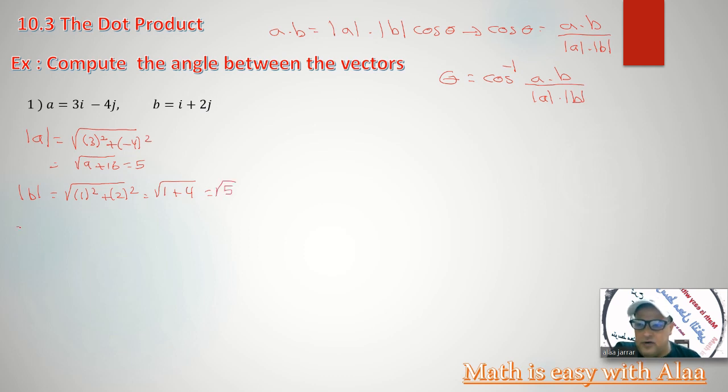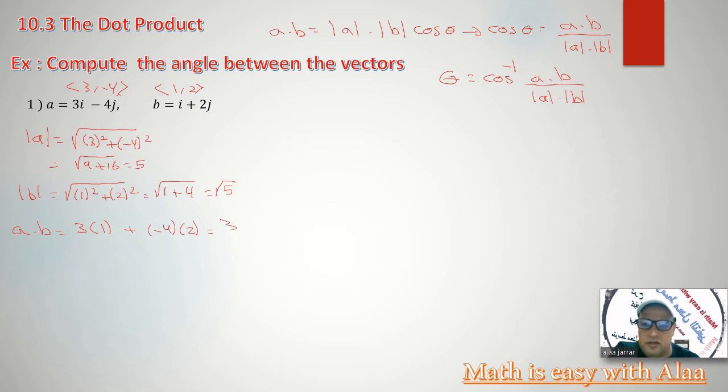After that, we find A dot B, and we know that A dot B is 3 times 1, because this is (3, -4), and this is (1, 2), plus negative 4 times 2.